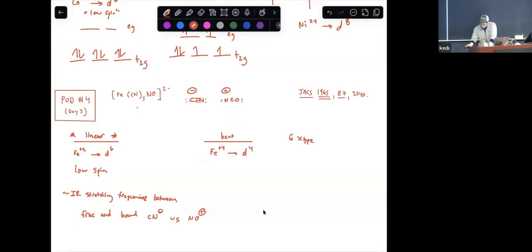So the ligands are bringing -6, the overall charge is -2, so the metal's got to bring +4 for the arithmetic to work out. So then wouldn't that make linear +3? Linear, yeah, it's a great question. So linear NO, remember, has this unusual property that it's an L type, but has a plus charge. I see. Okay. All good? Yeah, thanks. Those are great clarifying questions.